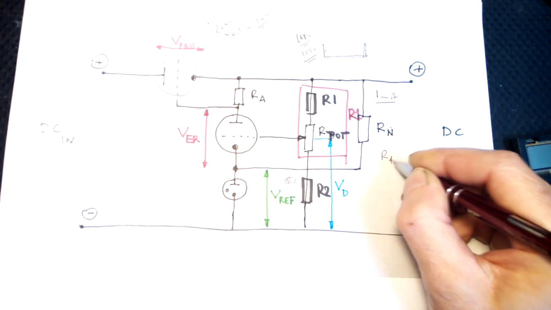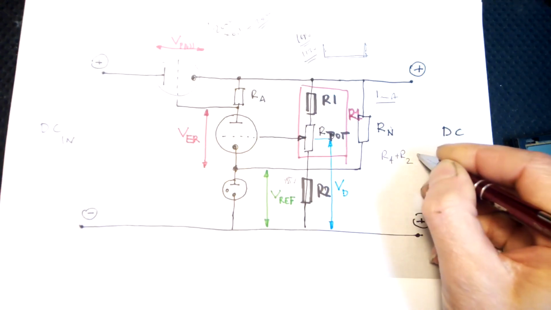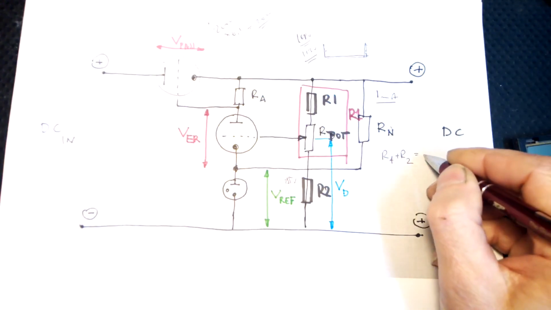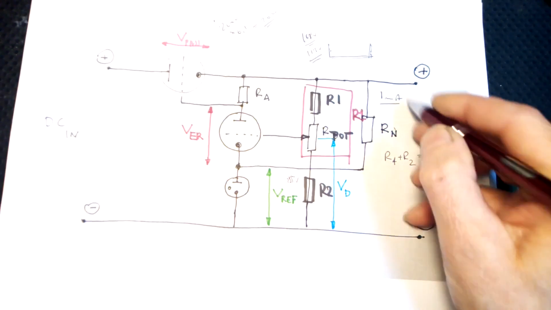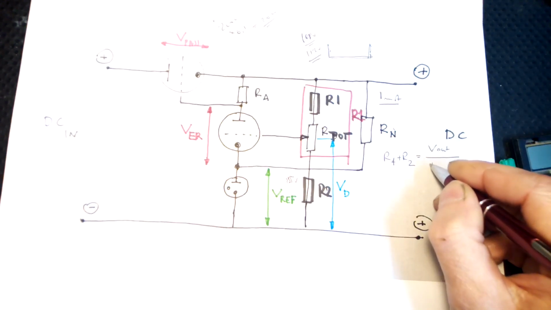R1 plus R2 is our output voltage through this current.